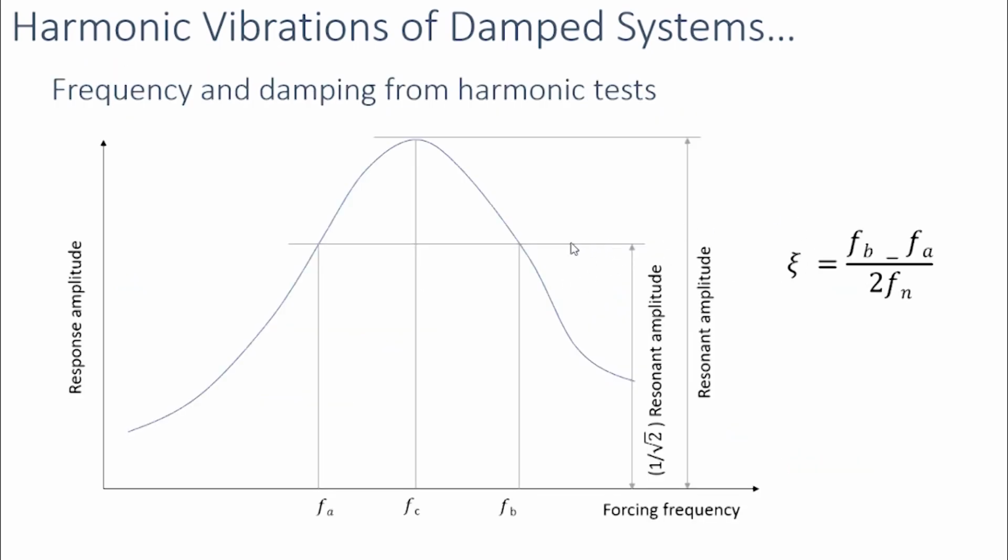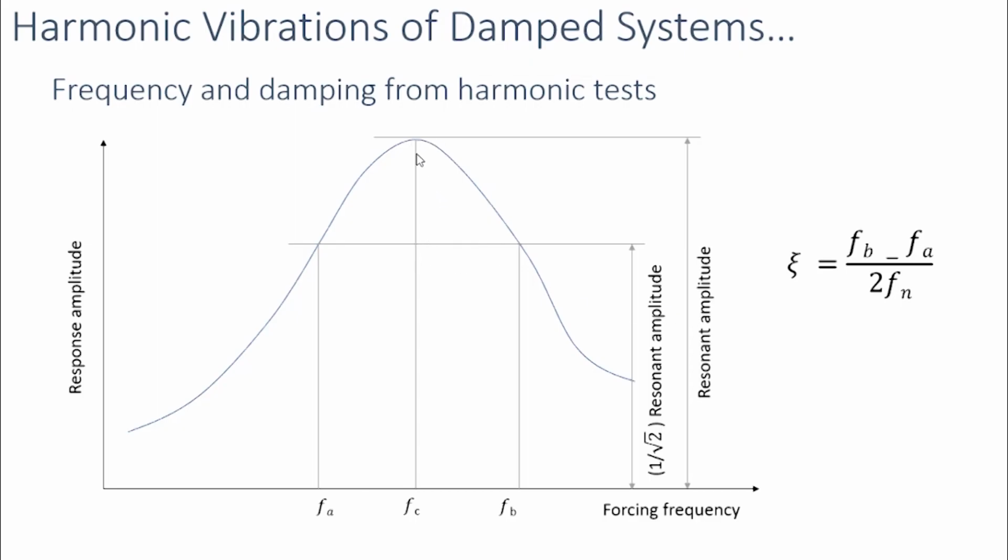From the measured responses, we can plot a curve like this. The x-axis will be the forcing frequency. For different values of forcing frequency, we will have the response of the structure. From this, we can find the maximum response.